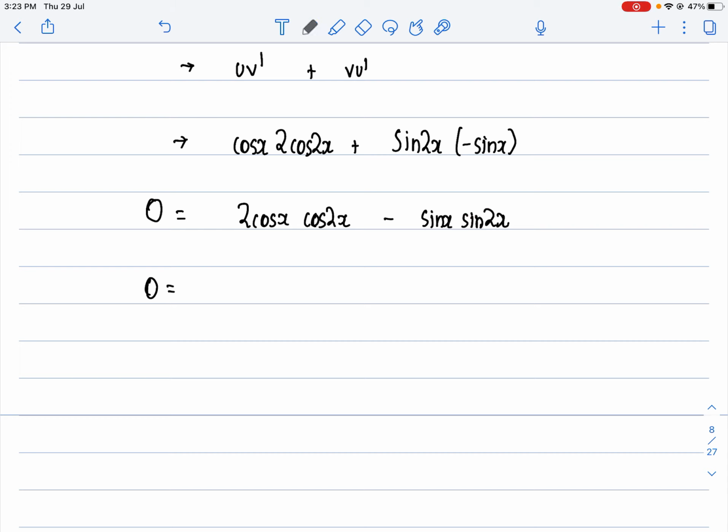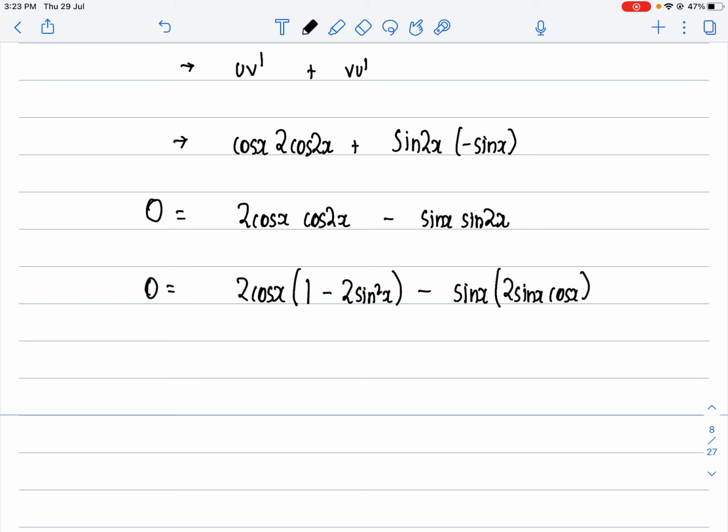I can write this as 2 cos x multiplied by, I know cos 2x can be written as 1 minus 2 sine square x, minus sine x multiplied by, I know sine 2x can be written as 2 sine x cos x.